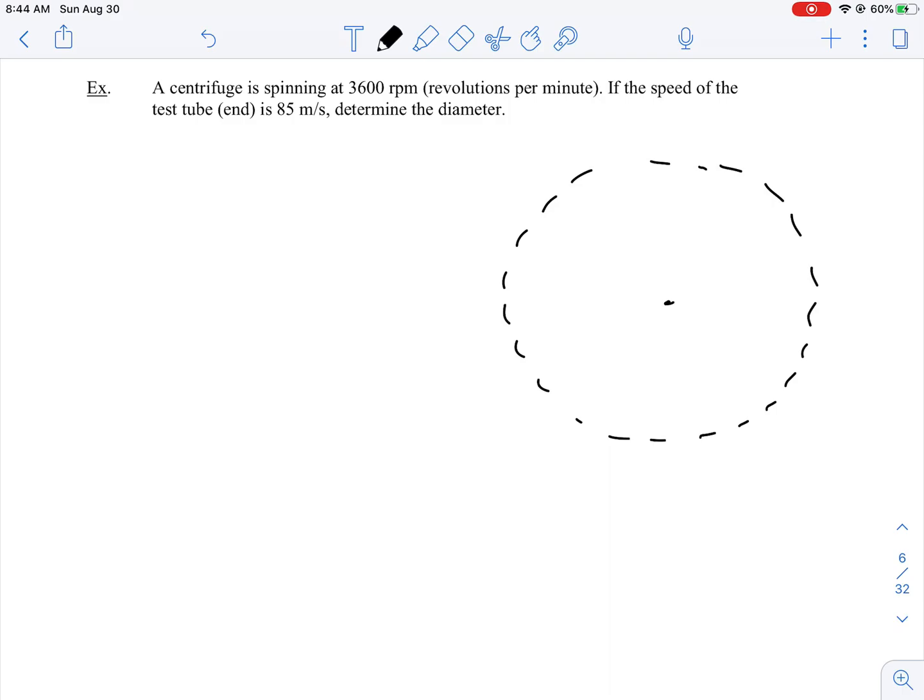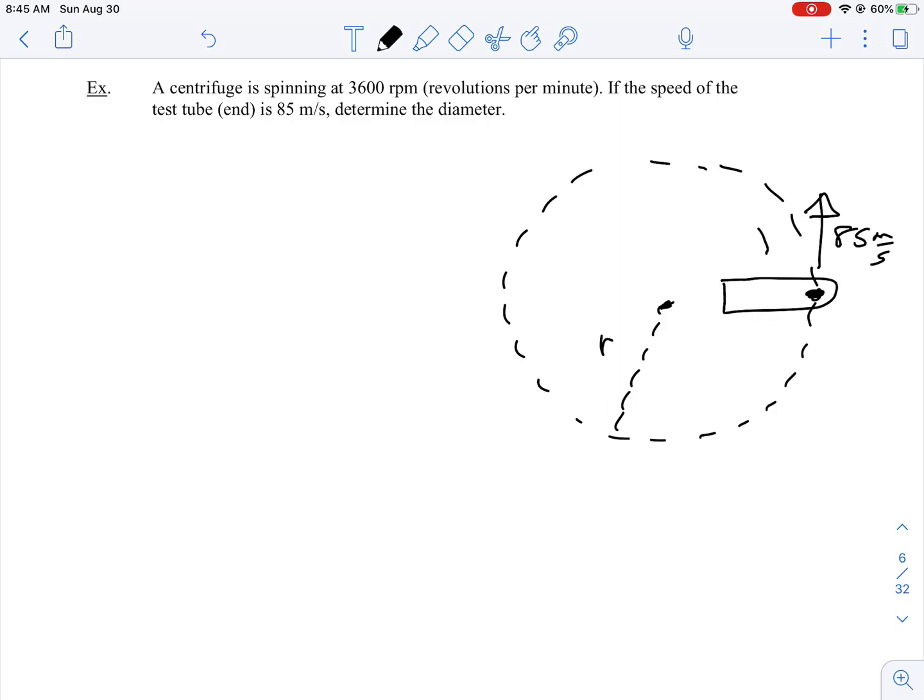And then we'll just have our test tube, like that. So there's the test tube at some particular location. And we're talking about the end of the test tube. Let's just say that that is the end of the test tube right there. And we know the speed at the end of the test tube. So this speed right here is 85 meters per second. And we're trying to find the diameter, but I'll put on here the radius since that's important, and then we'll get the diameter from there.